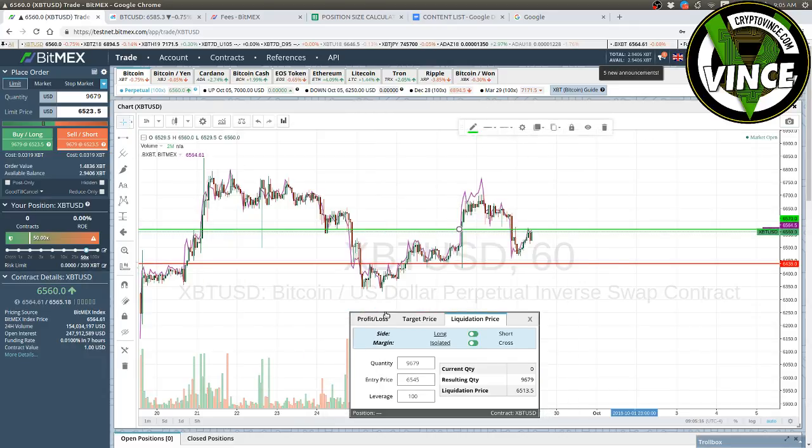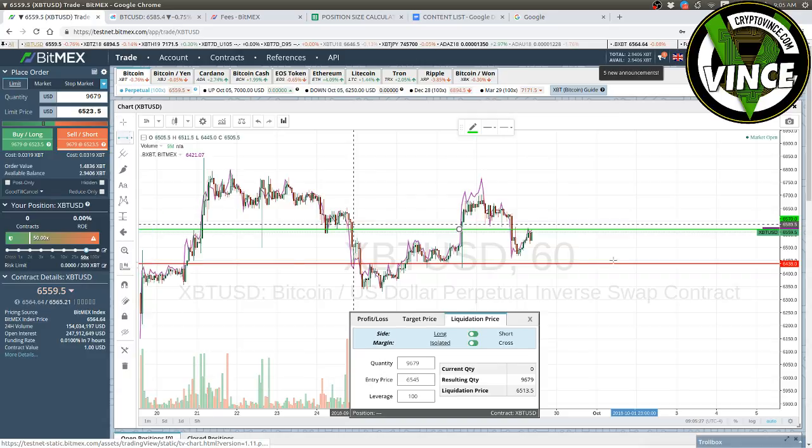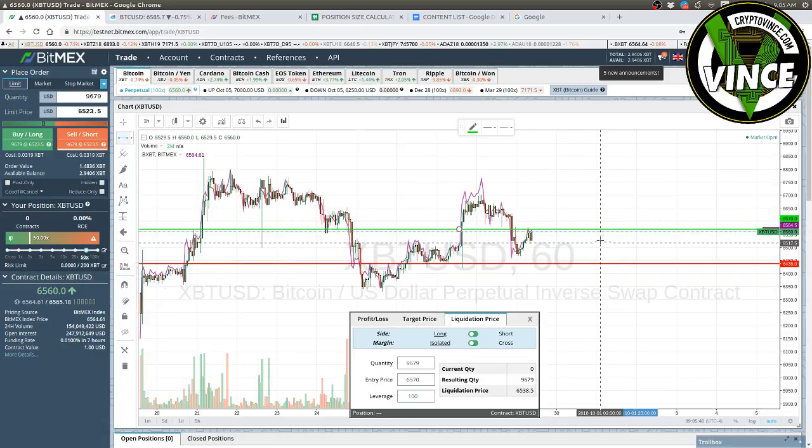Okay. So if I put a leverage of 100, you can see that I will get liquidated, so I will lose all my cost. The entry is 6570, and with the leverage of 100, I will lose my cost at 6538, so around there.